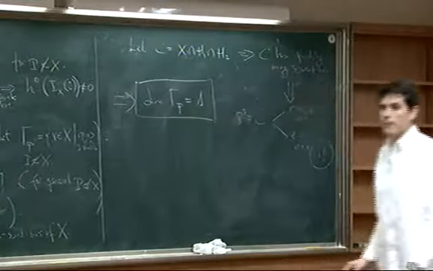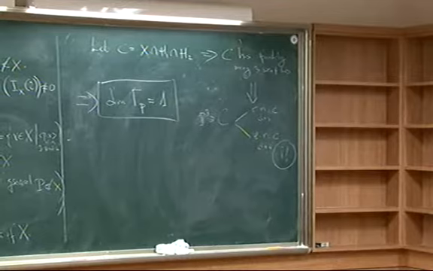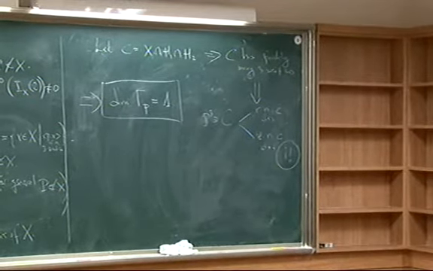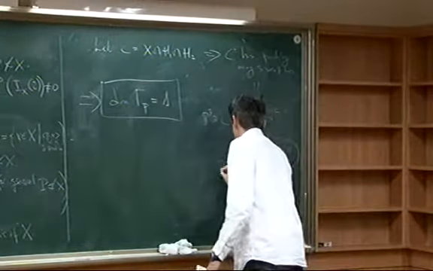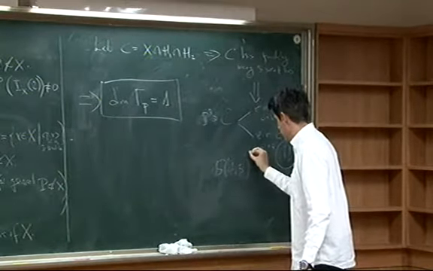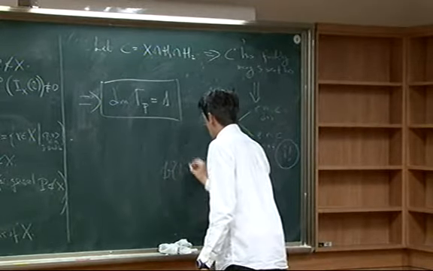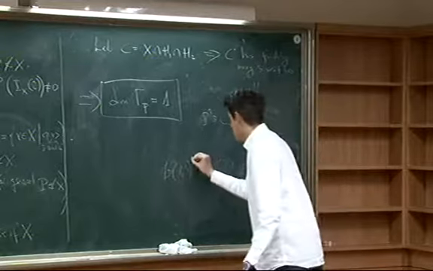Why do you cut the hyperplane section? The dimension drops by 2 because here you have the Grassmannian of lines in P5. This is of dimension 8. And here you have the Grassmannian of lines in P4. This is of dimension 6.